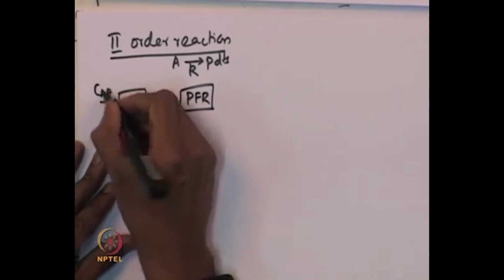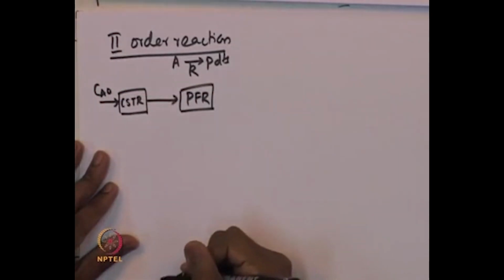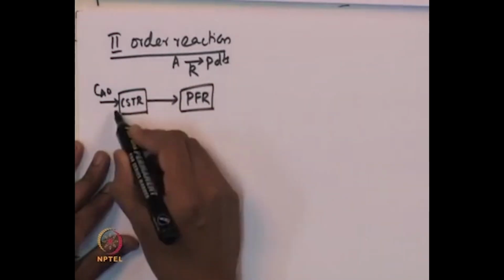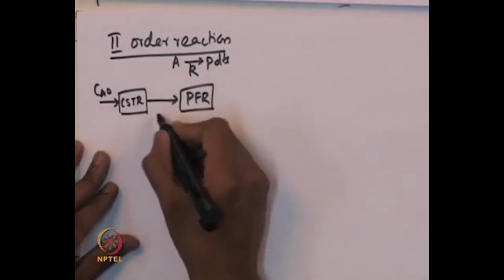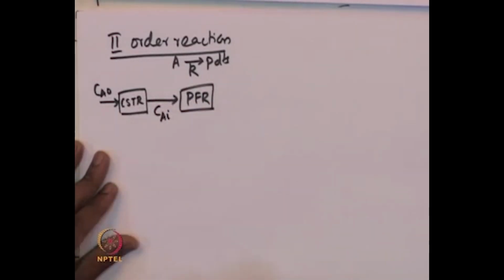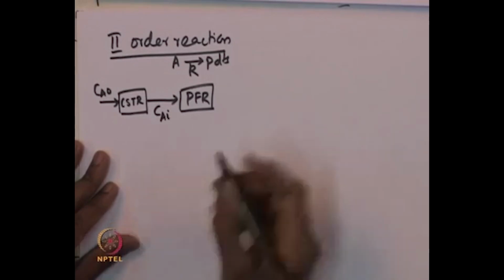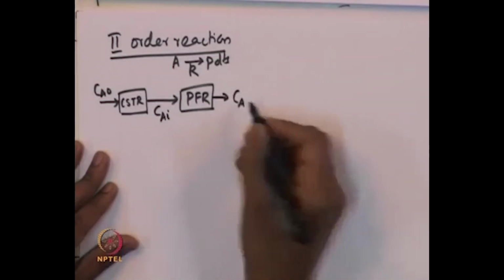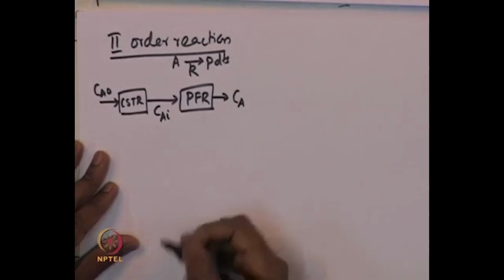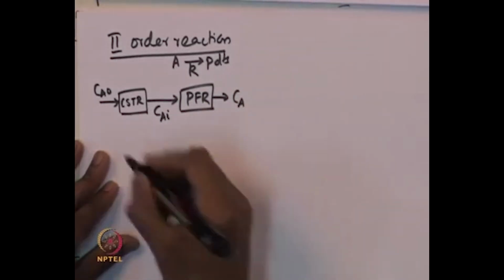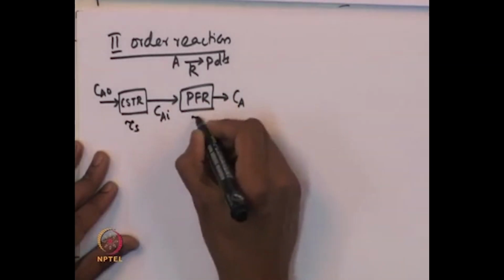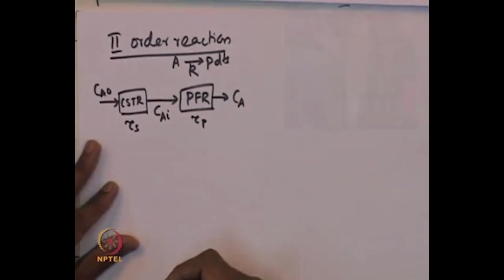If Ca naught is the concentration of the species fed into the CSTR, and if Cai is the concentration with which the species leaves the CSTR, and if Ca is the concentration with which the species leaves the plug flow reactor, and the space times of CSTR and plug flow reactor are tau s and tau p.